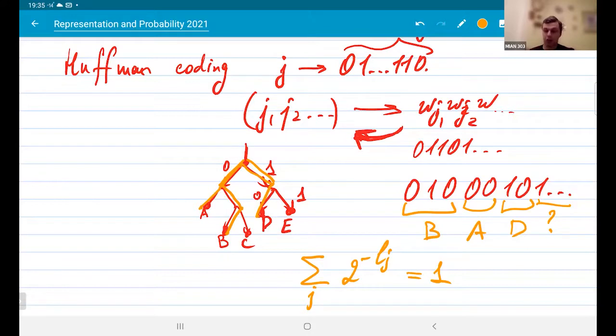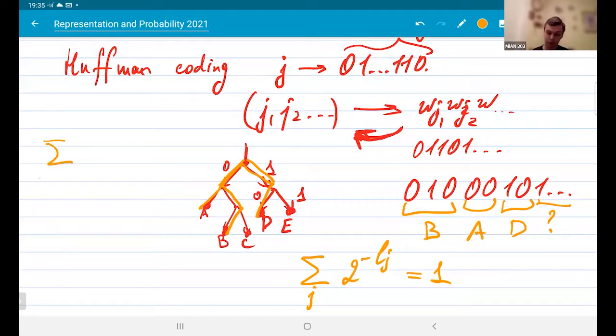So for example, you know that the probability of A is much larger than the probability of B. Then of course, it is reasonable to code A with something shorter and B with something longer. So the average density of this code, how many binary digits you need to code one word, is the expectation.